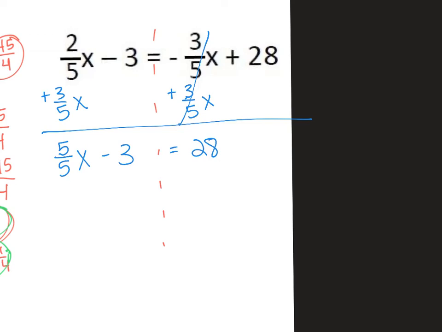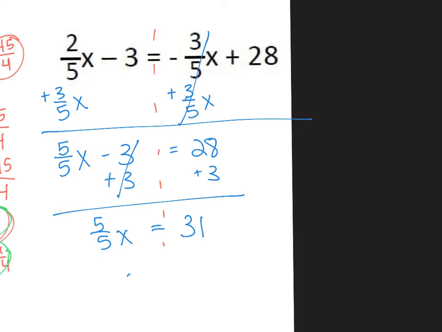Okay, now before we deal with this fraction, even though you may already see what you want to do with it, I'm going to keep following my order of operations backwards, and I'm going to add 3 to both sides. So I get 5/5 x equals 31, and 5 over 5 is 1, so we get x equals 31.